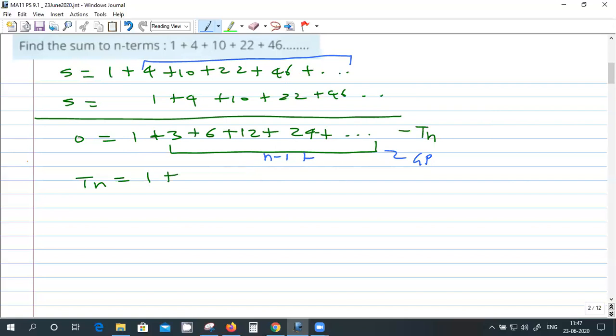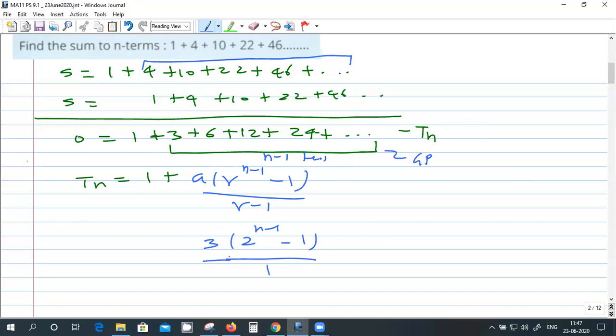N minus 1 terms. So what is the formula, do you not remember? A into R raised to the power n minus 1 divided by R minus 1. A is 3 and R is 2, minus 1 by 1. So from this you get Tn.